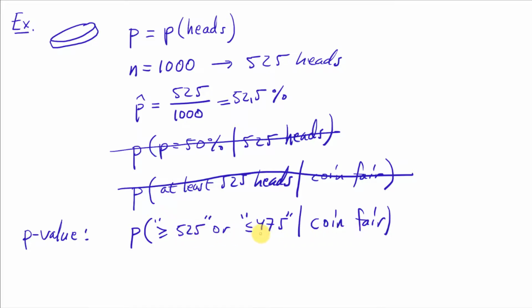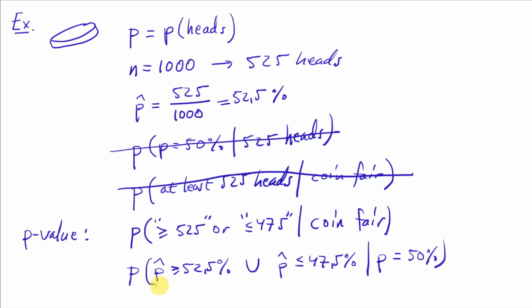So it fluctuates more than 25 up or down. And this we can write more mathematically like this: the probability for the estimate to be larger than or equal to 52.5% or less than or equal to 47.5%, given that the probability to get heads is 50%.